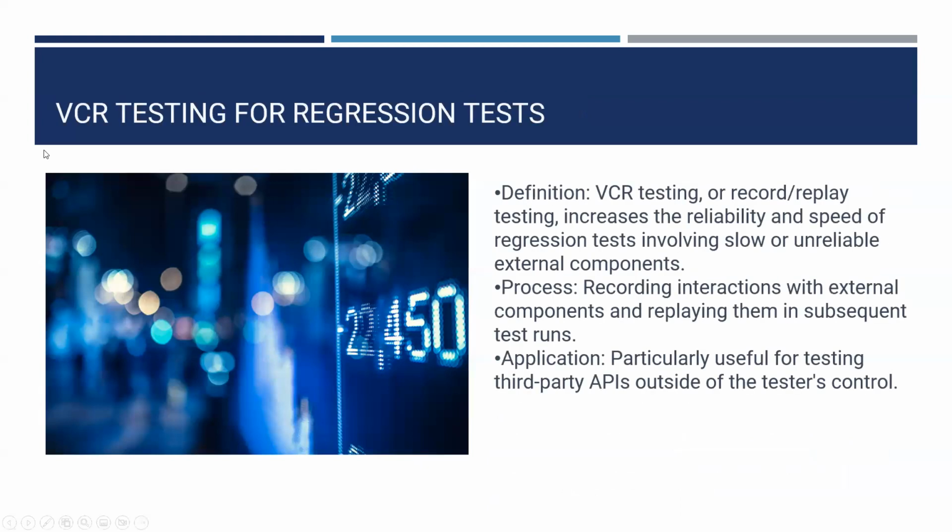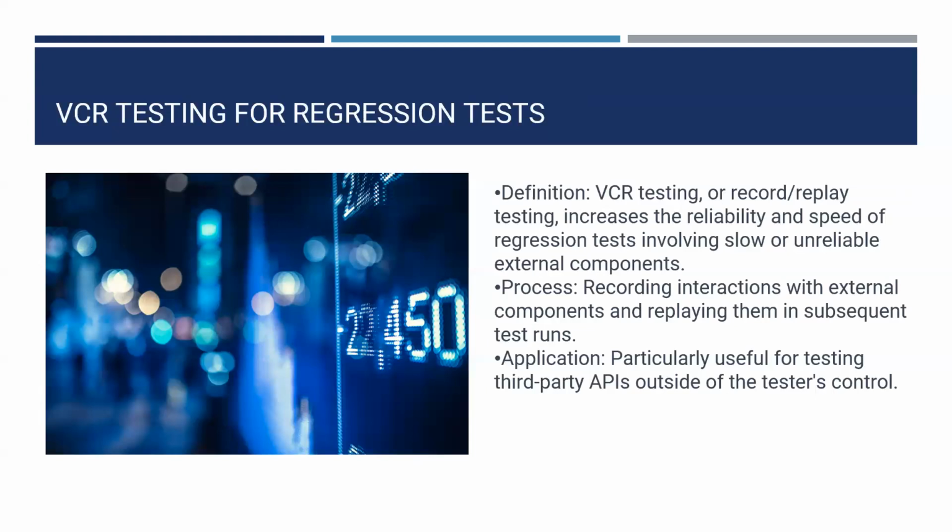Now, our journey really does conclude with VCR testing. On this slide for VCR testing for regression, also known as record and replay testing. This technique specifically enhances the reliability and speed of regression, especially when dealing with slow or unreliable external components.